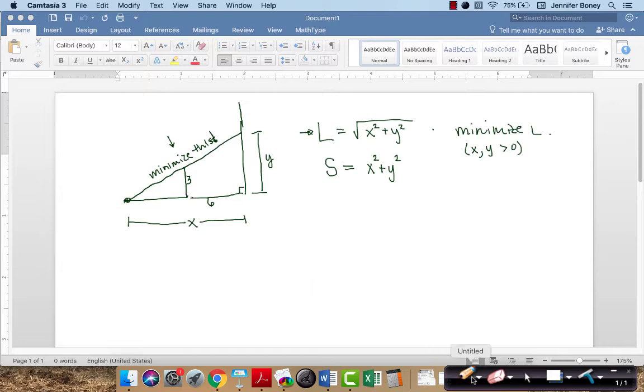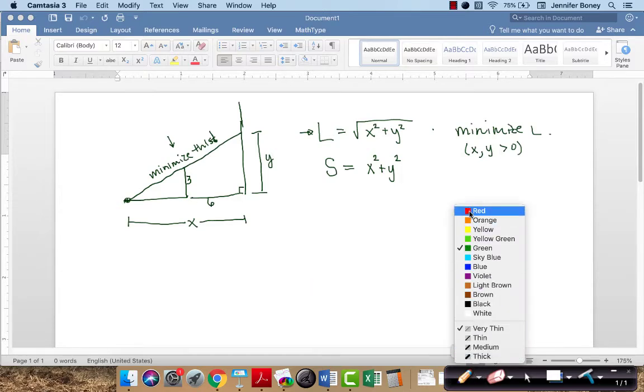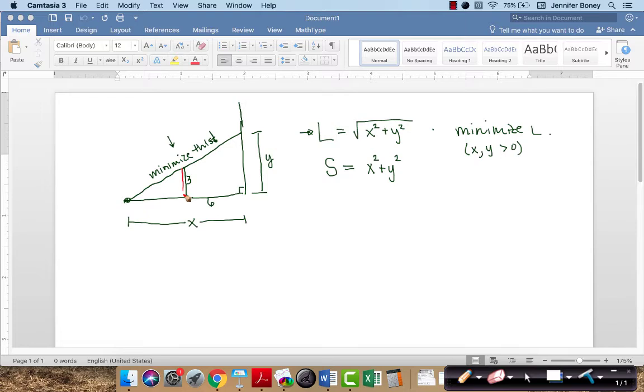I also have a smaller right triangle, let me change colors, that shares the exact same corner angle where the ladder meets the ground, so this has to be similar to the overall triangle, right? They've got the same 3 angles, so it's the same ratio of side lengths.